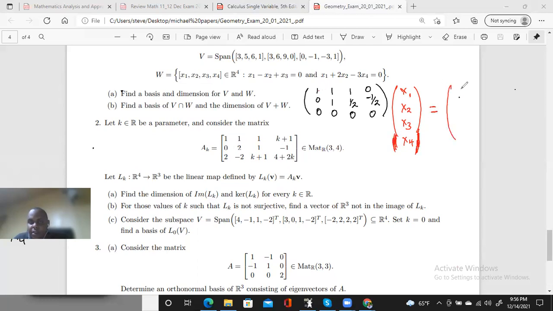It's going to be x1 plus x2 plus x3 for the first entry, and then x2 plus a half x3 minus a half x4 for the second entry, and then 0.